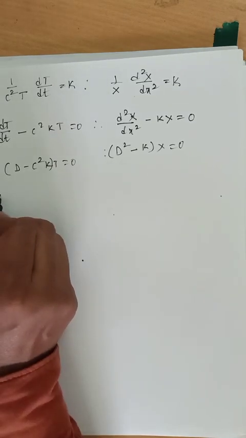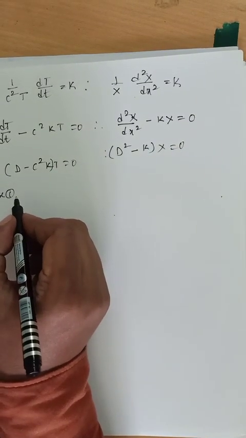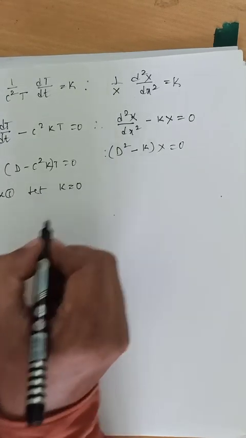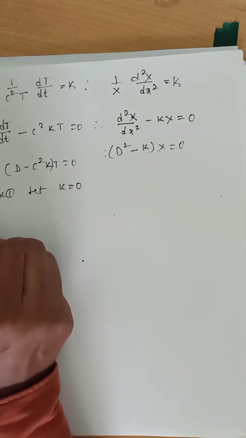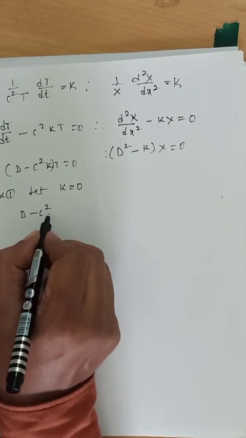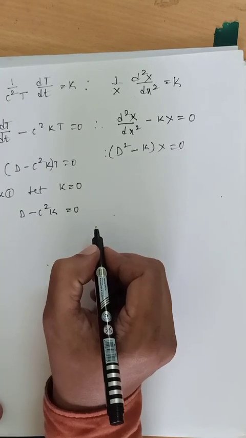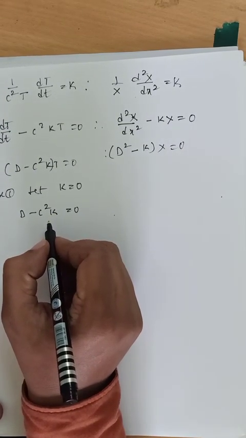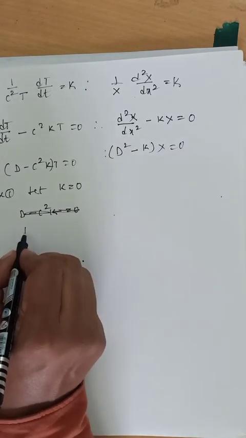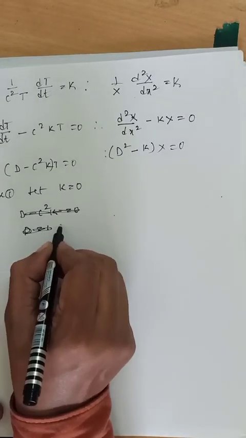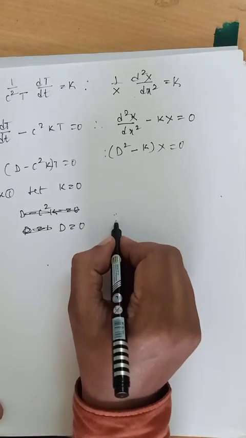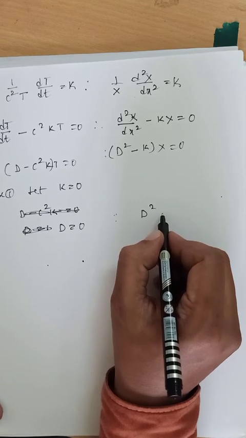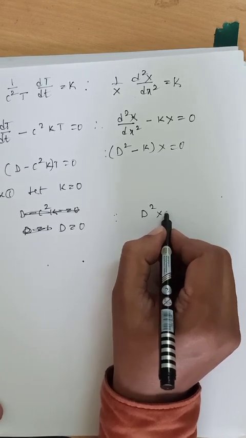Case 1: like previous derivation, here also let k = 0, that is (D − c² k)T = 0 gives DT = 0, and D²X = 0.